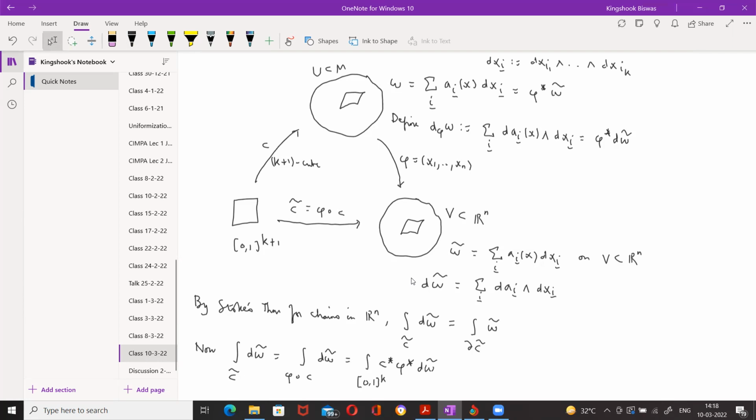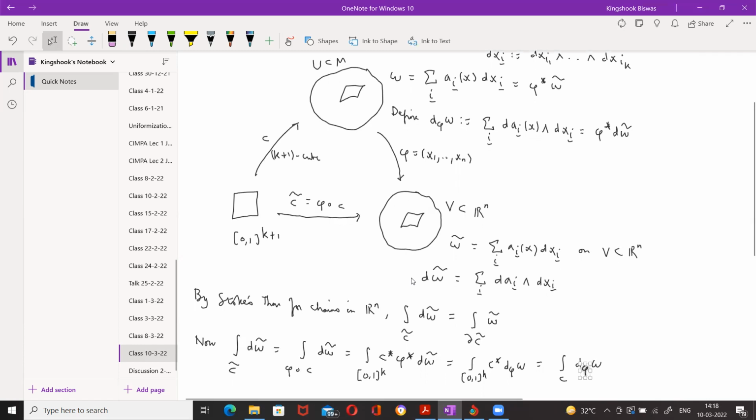Yes. And C star of phi star d omega tilde is what we're defining to be d_phi omega, right? So in other words, this is the integral over C of d_phi omega, right? Okay.